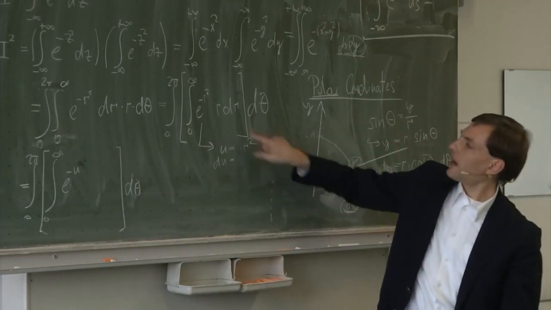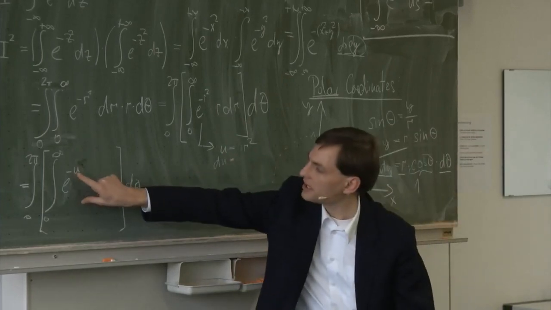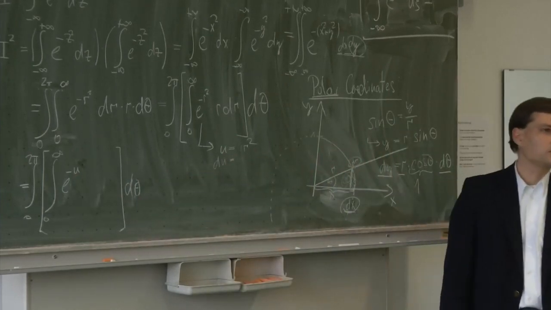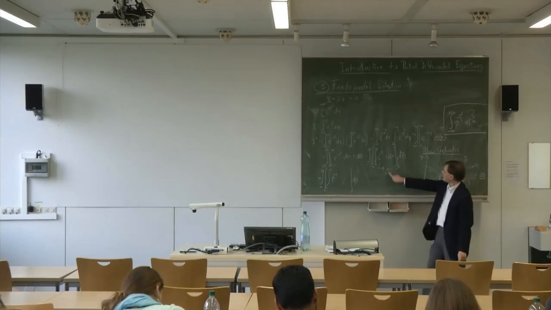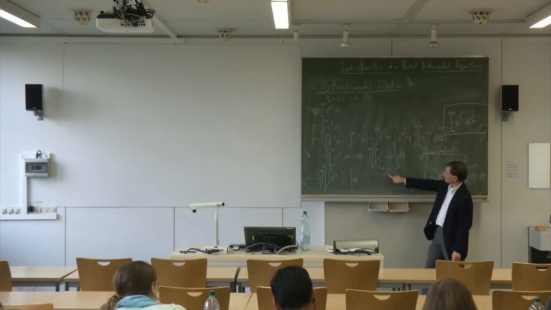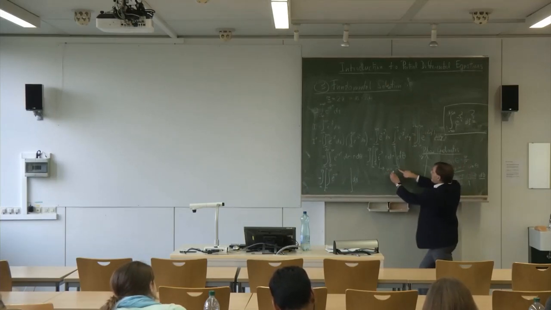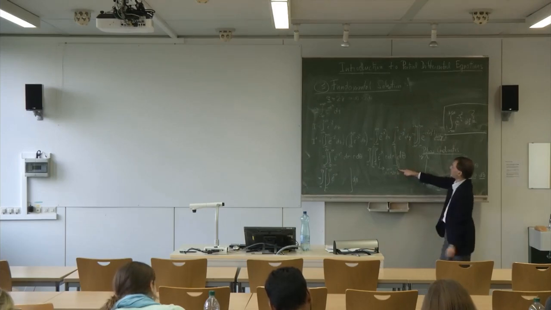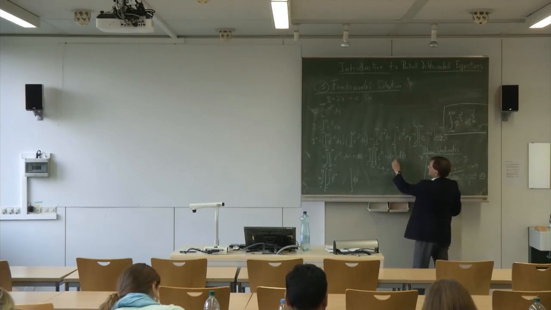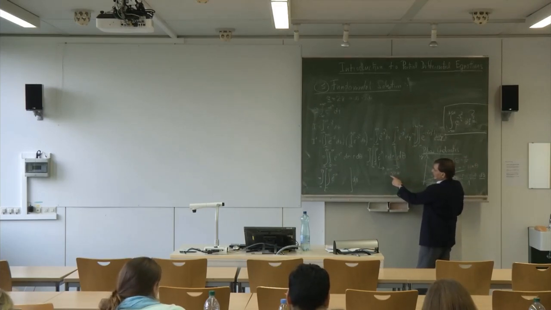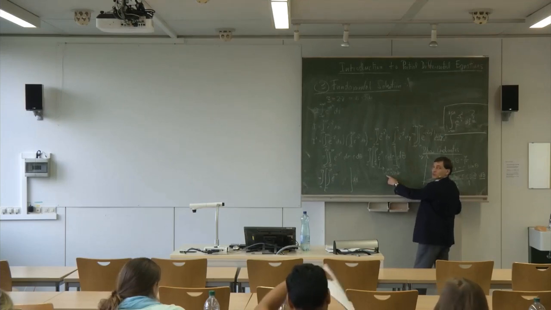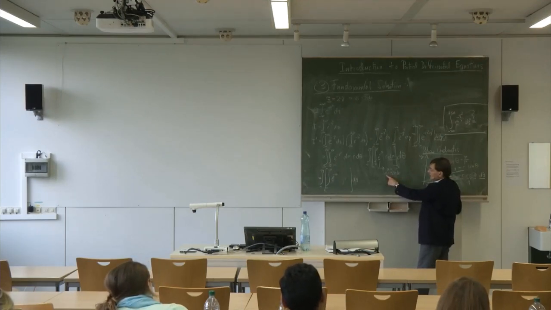Then, for r squared, I write u. That gives me e to the exponent minus u. If I do the derivative, I have du, and here I have 2 times r dr. So instead of r, I bring this 2 over r here.